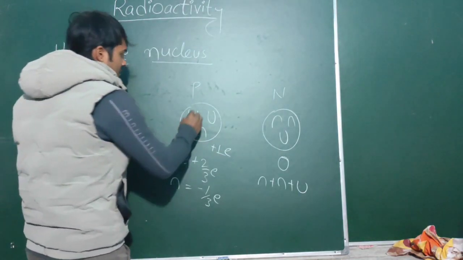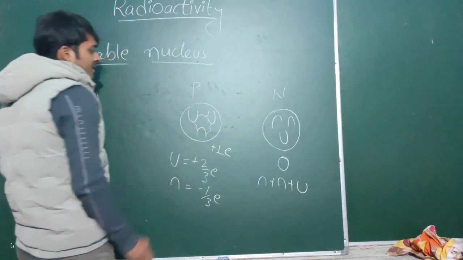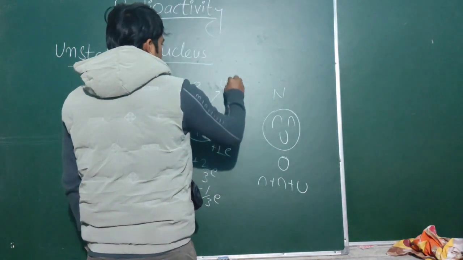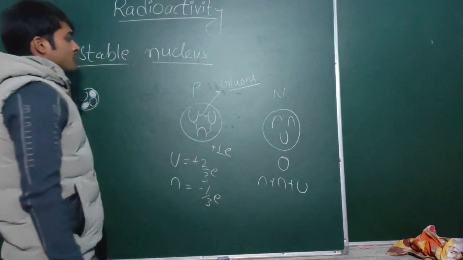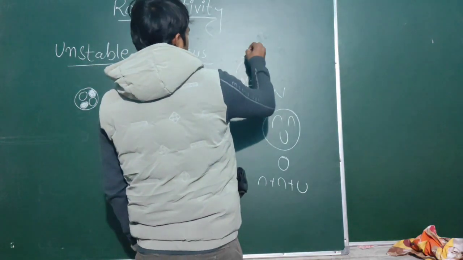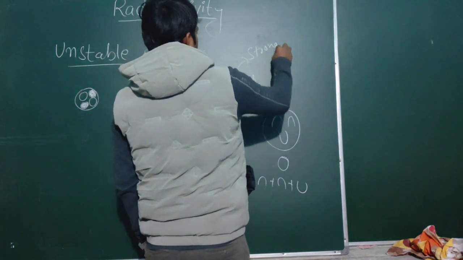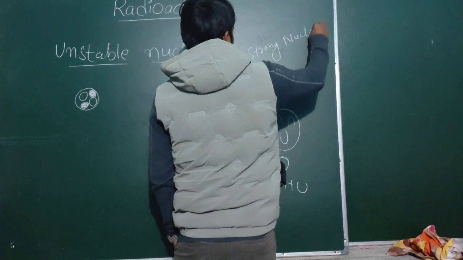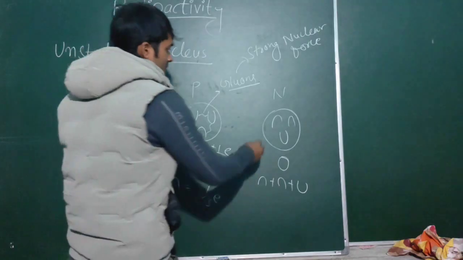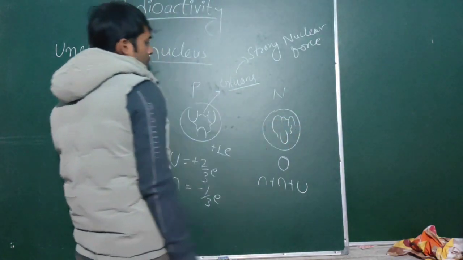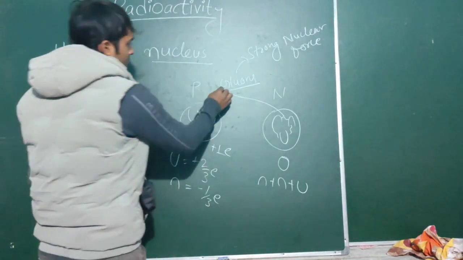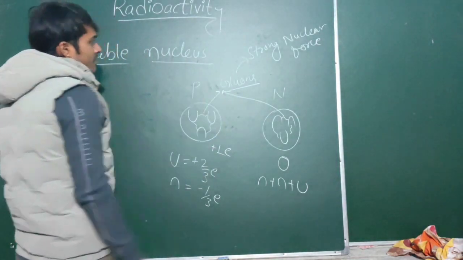These quarks are bound to each other with gluons, and these gluons are the force carrier for the strong nuclear force. The gluons present in both proton and neutron, binding the quarks, are the force carrier for the strong nuclear force.